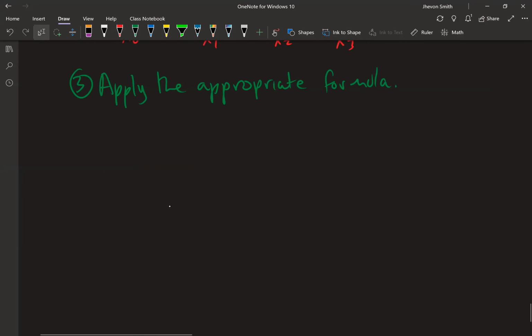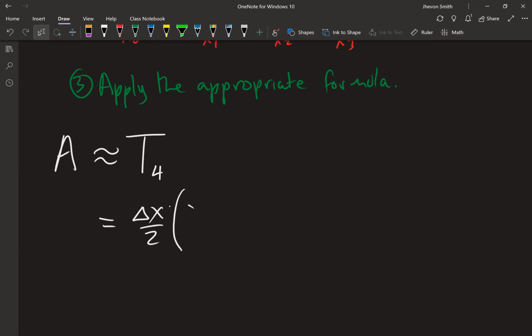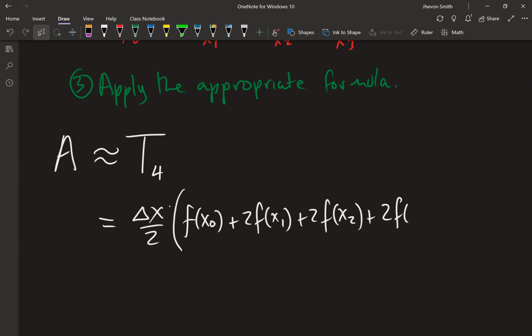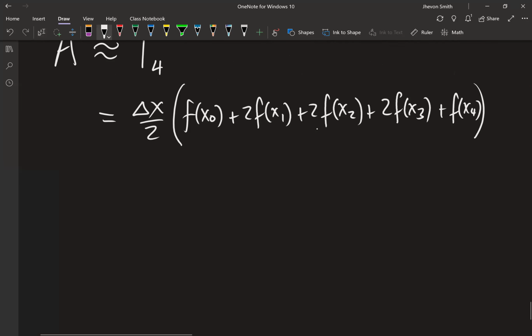So the trapezoid rule says the area is going to be approximately equal to the trapezoid approximation with 4 subintervals, which is delta x over 2 times f of x0 plus 2 f of x1 plus 2 f of x2 plus 2 f of x3 plus f of x4. That's just by going by the formula. I know in the trapezoid rule, I want to double up on the middle terms. And now you just plug that in.